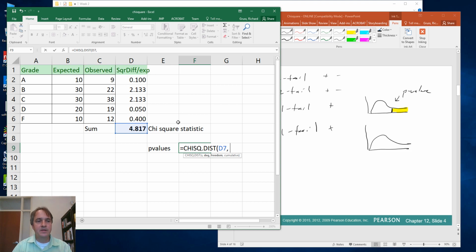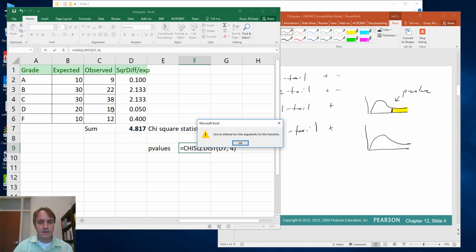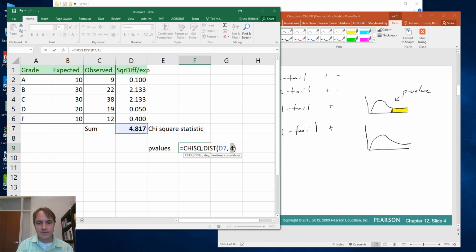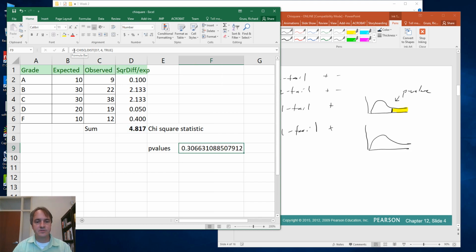In this particular case, our n was 5. There were 5 different grades, so our degrees of freedom would be 4. And of course, we have to type in true. Now, remember that we are interested in the area to the right of this tail, so one thing we have to remember is to do 1 minus. So this is actually our p-value.